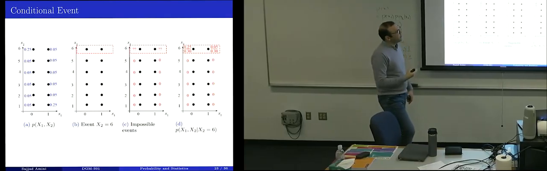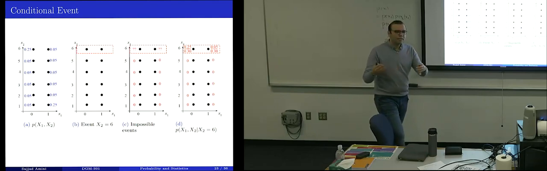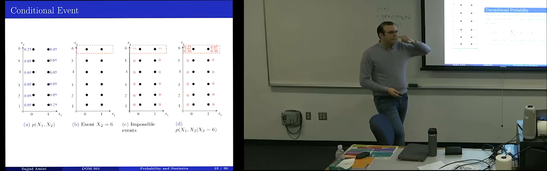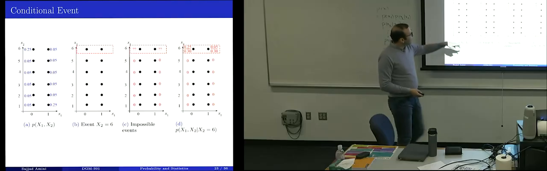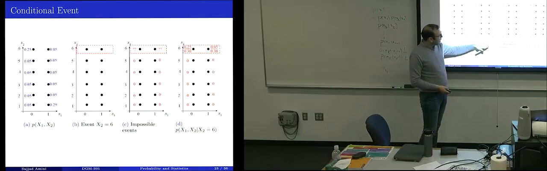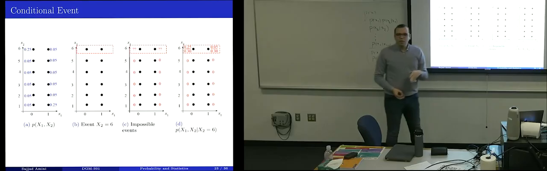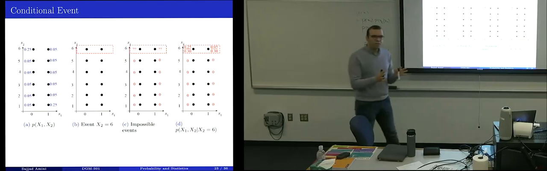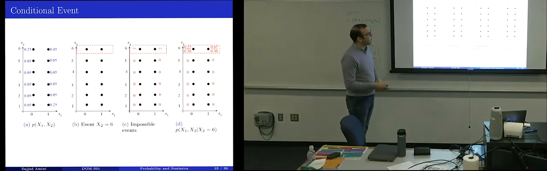Conditional events are a principal way to update your belief about a random variable. Before this, you believed that the probability of the tail is 0.5. Now, I told you that the event for x2 is equal to 6. You should be able to update your belief about the coin. You do not have information about the coin, but you should update yourself.